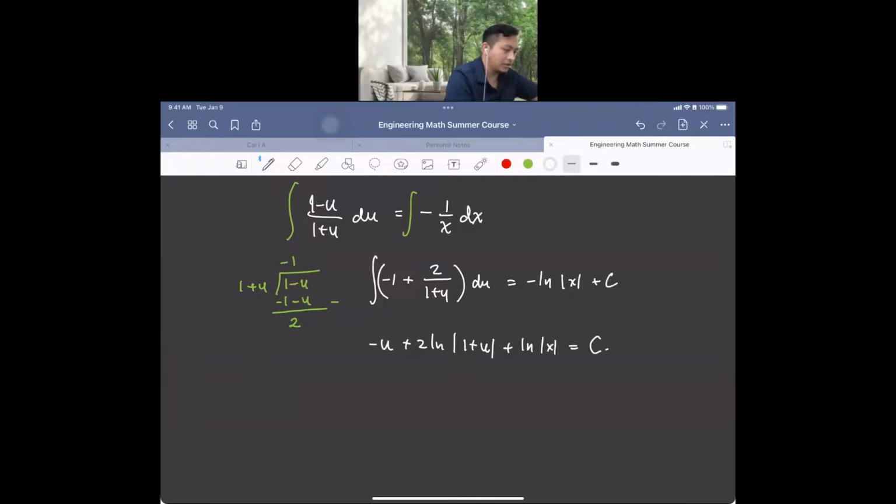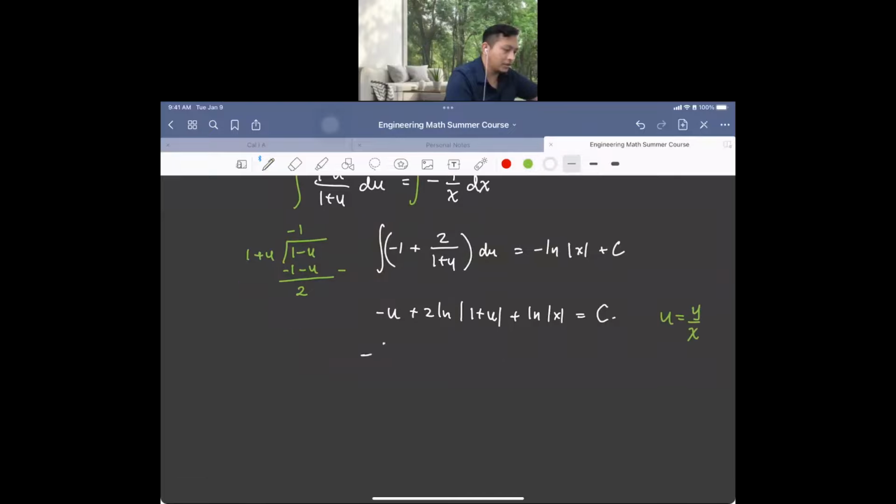And then the final part is we convert the equation back to the original one. So we take u as y over x. So we can change all: negative y over x plus 2 ln(1 plus y over x) plus ln x equals, let's say it's a different constant, so let's say it's c2.